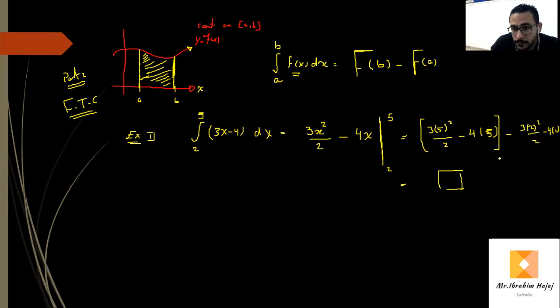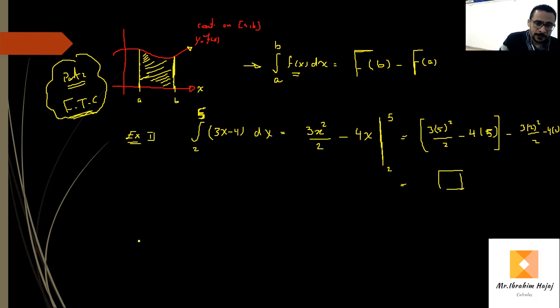Here we have 5 and 2, so the second part of the fundamental theorem of calculus is the same as the definite integral we learned before in the previous sessions. We already took it, but it states it for you. In the second part, F uppercase is the antiderivative of f of x.